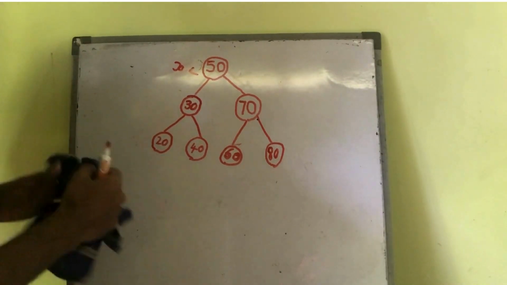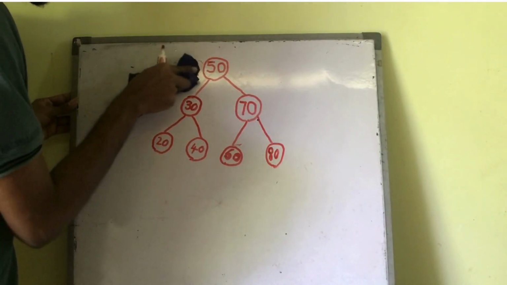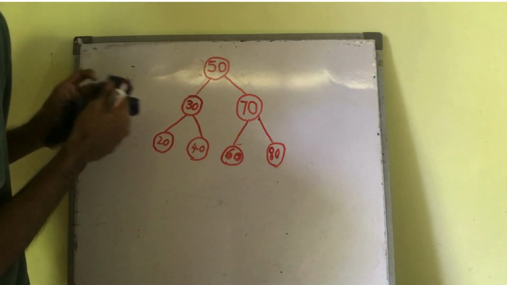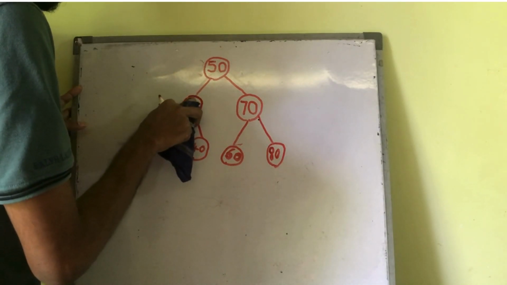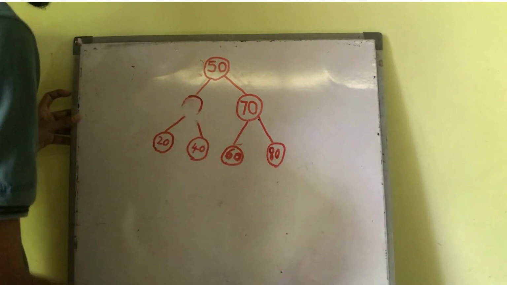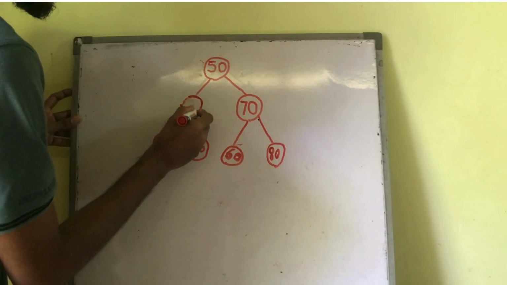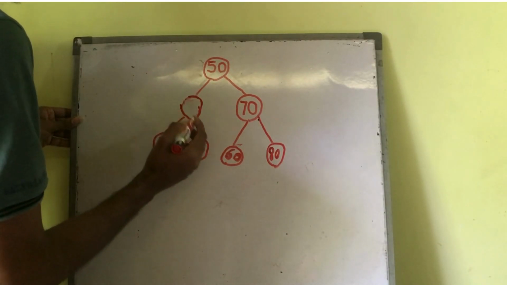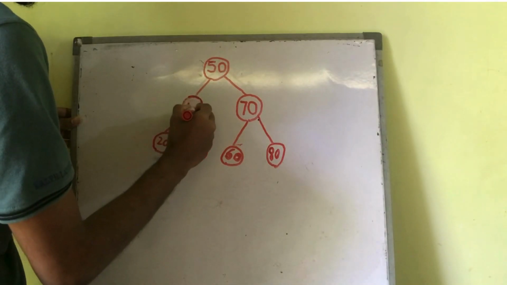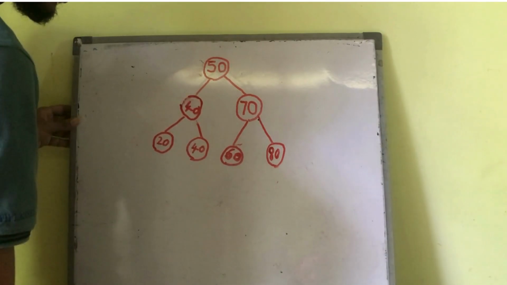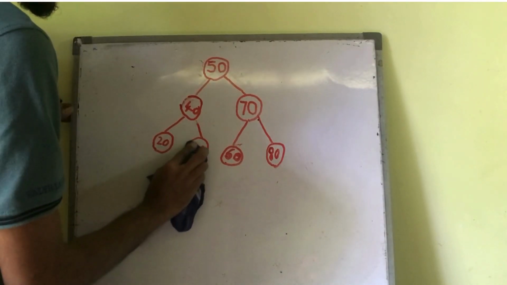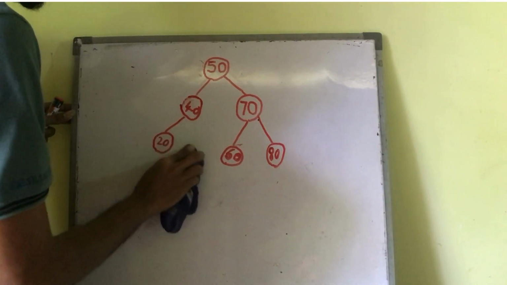So we need to delete the 30 element in here. We need to find the successor of this 30 element, that is 40. So we can now remove the 30 element like this.